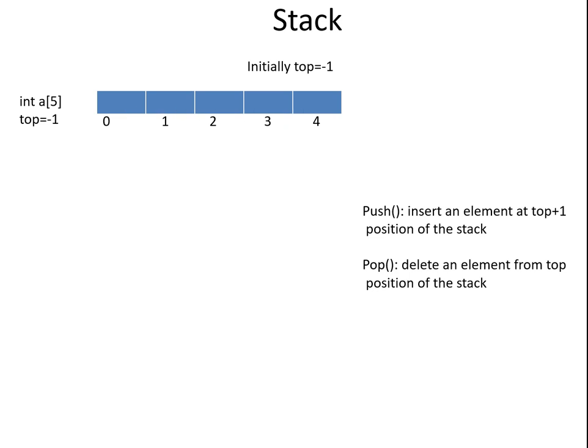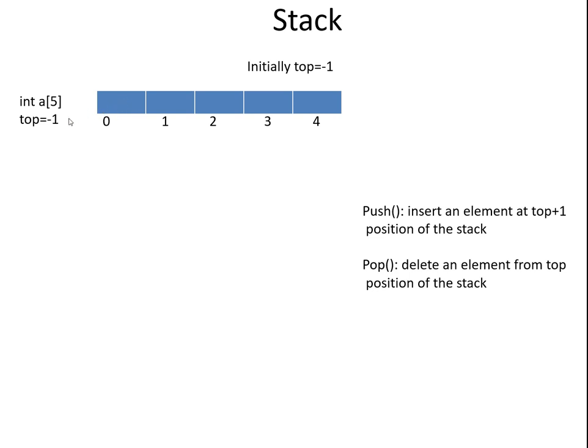In a stack there are mainly two operations we can perform, push operation and pop operation. Push operation means inserting an element at the top plus one position of the stack. Initially the top position is -1.